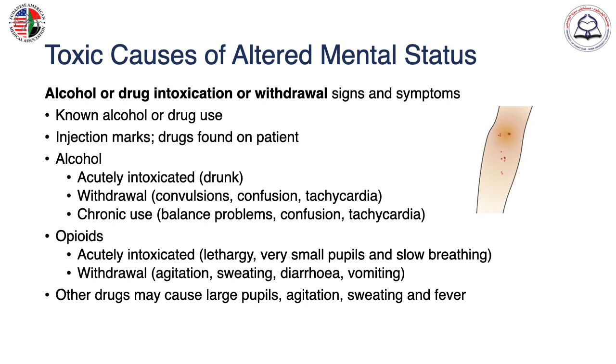Those with chronic alcohol use can have cirrhosis and hepatic encephalopathy. In acute opioid intoxication, they can get lethargy, constricted pupils, and slow breathing, bradypnea. In withdrawal, they get agitation, sweating, diarrhea and vomiting.